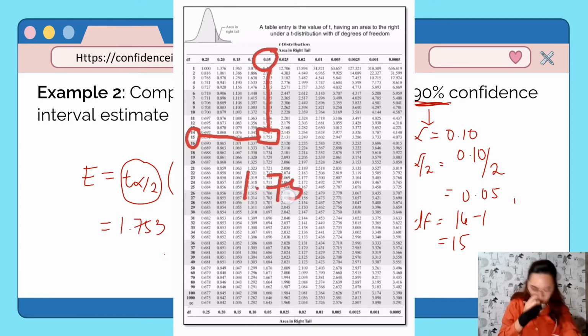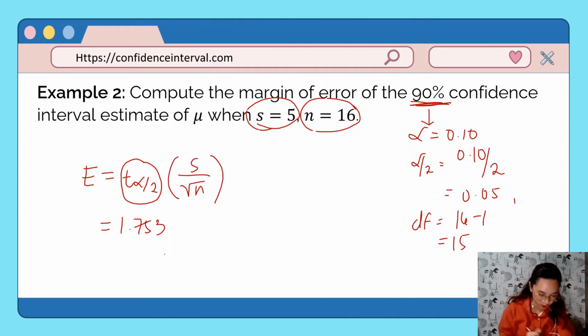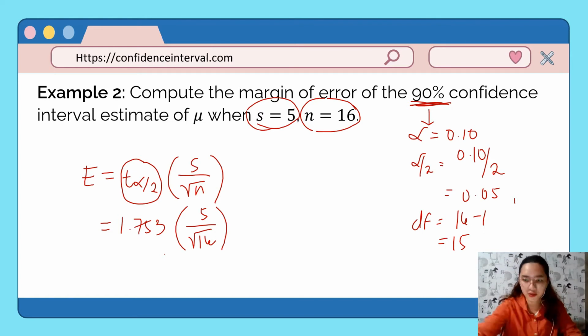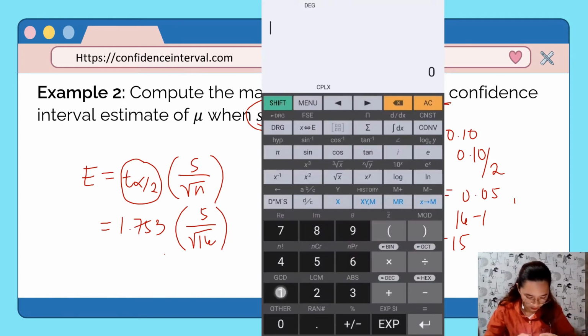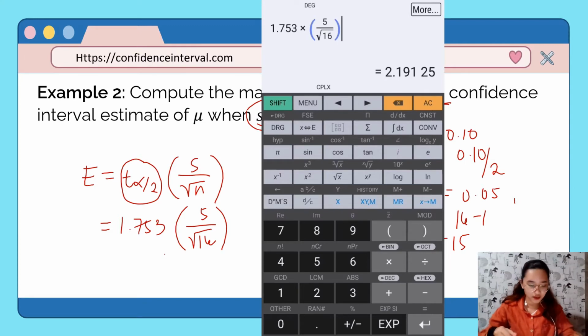So, ito na po yung ating confidence coefficient sa T distribution. Then, multiply natin sa 5 over square root of 16. So, compute lang po. We have 1.753 times, open parenthesis, 5 over square root of 16, close parenthesis. We have 2.19.